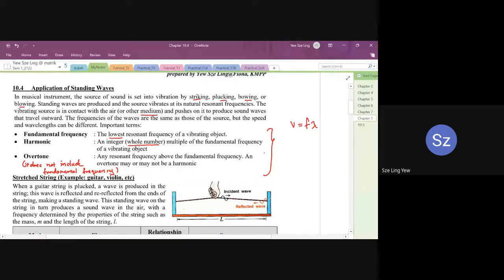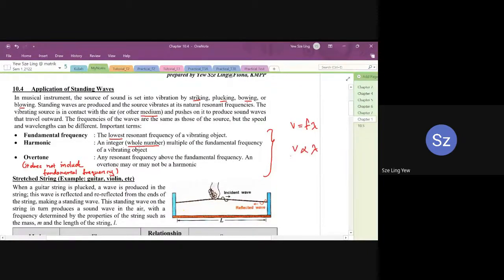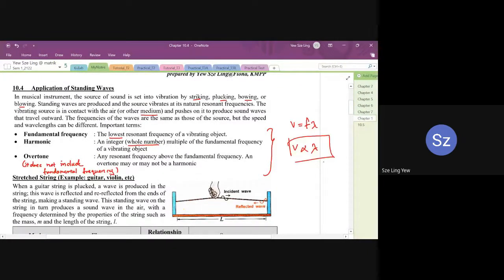Because the frequency is always fixed, as you're generating from the same source, the frequency won't change. So v is directly proportional to wavelength. We look at it in terms of the relationship, in terms of equations.